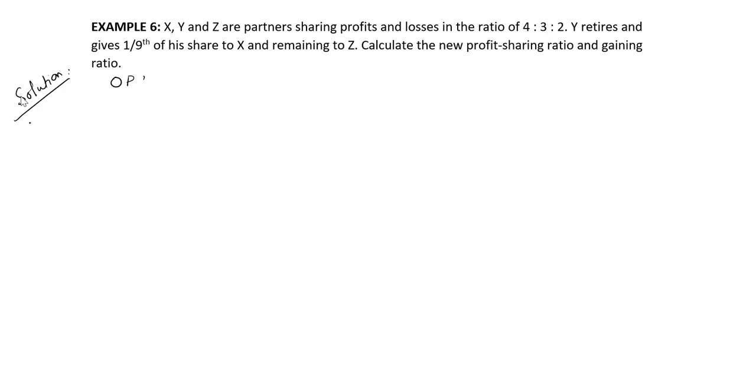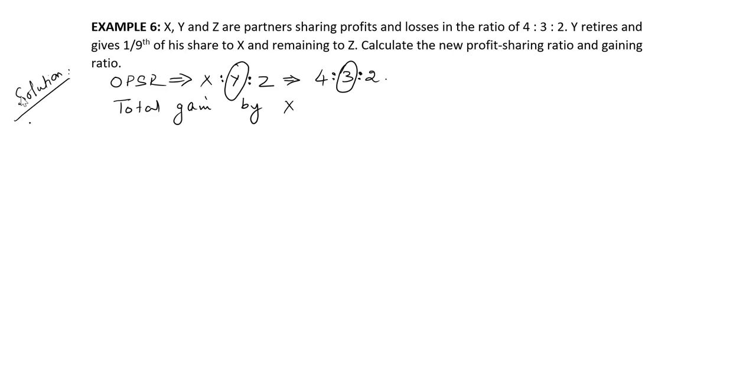We have the old profit sharing ratio between X, Y and Z given as 4:3:2. Further, it's given that Y retires. So the total gain by X and Z should be equal to Y's share, which is equal to 3/9.